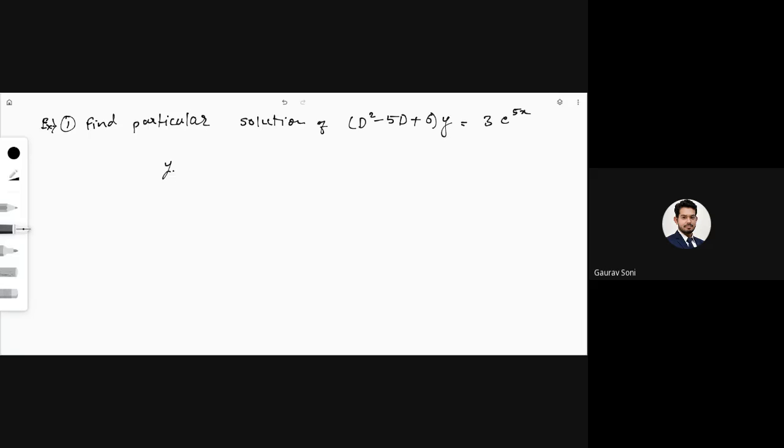So y p will be equal to 1 upon D square minus 5D plus 6 of 3 e to the power 5x.